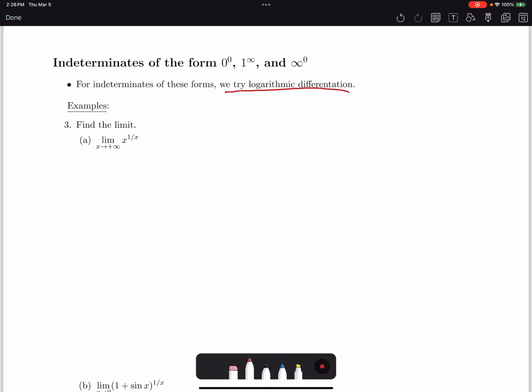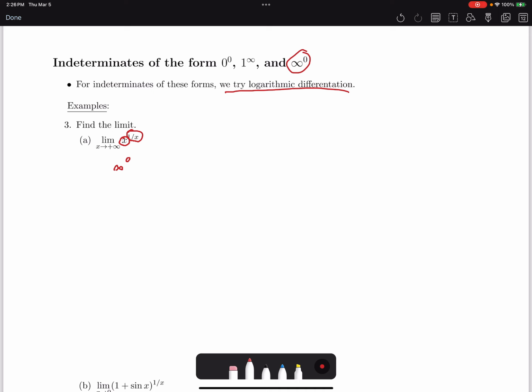For example, in part A, we have limit as x approaches positive infinity of x to the 1 over x. If we let x get really large, then this part's going to get really large, and this part's going to get really small. In other words, we've got an infinity to the 0 type of situation, which is indeterminate, okay?